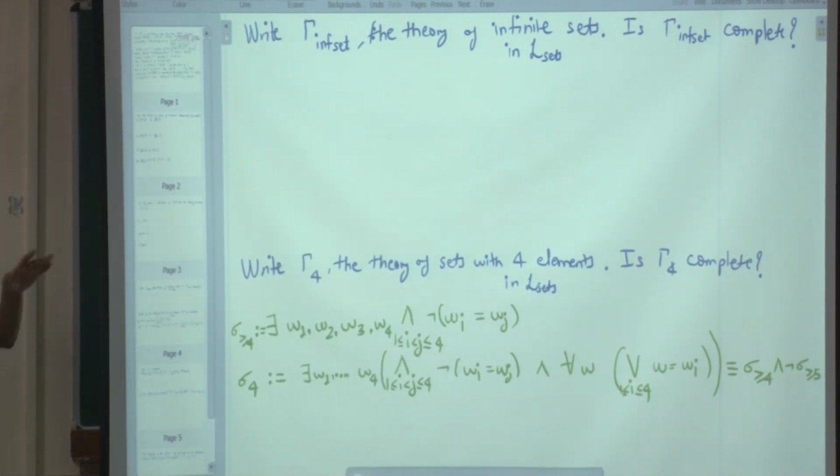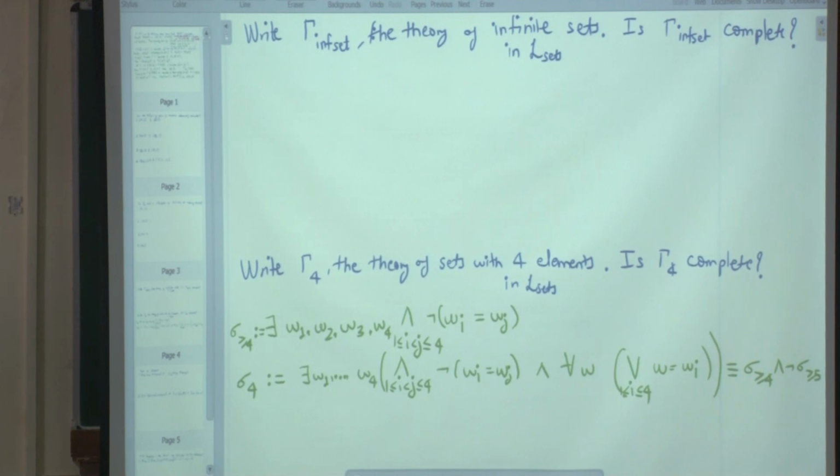So it cannot contain 5 elements, it cannot contain 3 elements, it cannot contain infinitely many elements. So every model must contain exactly 4 elements.